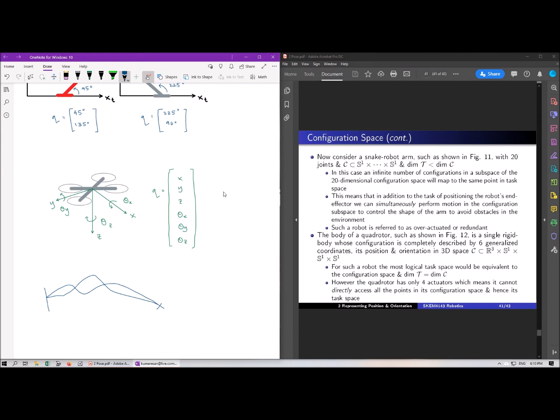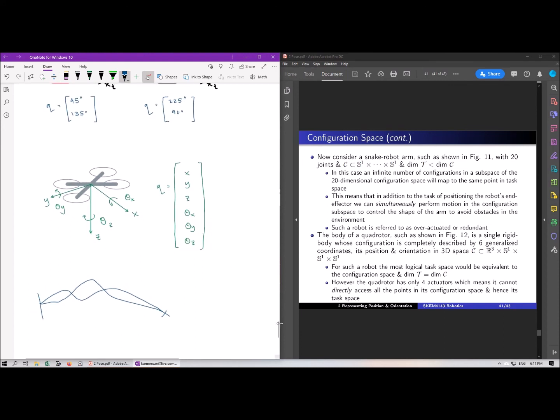So we cannot possibly reach every single point in our configuration space. If you want your x, y, z, theta x, theta y, theta z to be a specific vector value, maybe your quad rotor cannot achieve it, given the limited number of actuators.